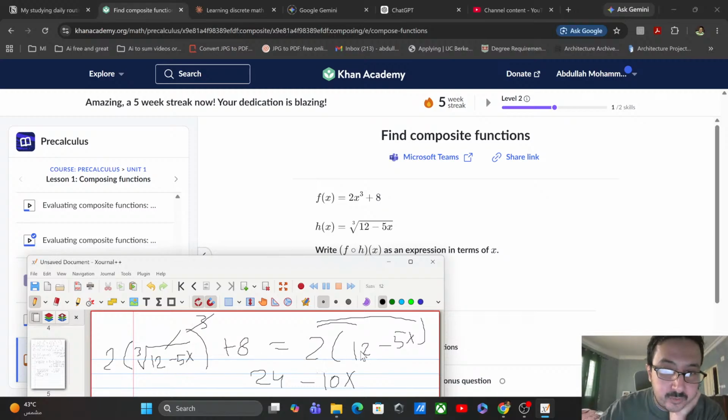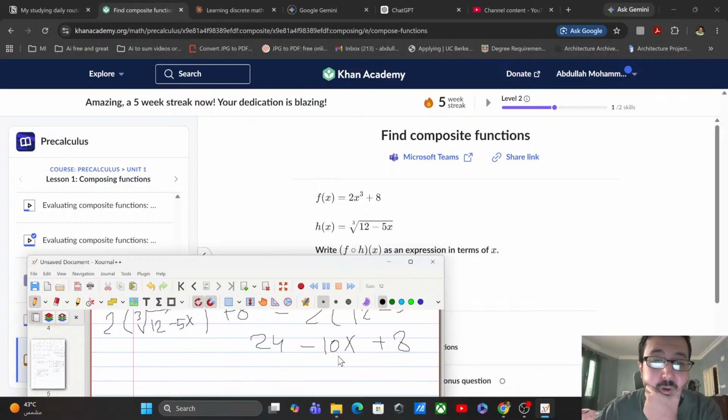I got 12 minus 5x. We distributed the 2 to get rid of the brackets. The product of 2 and 12 is 24, and 2 and minus 5x is minus 10x. Okay, and I got plus 8. Now 24 and plus 8, that's, I don't know, 34, I guess.